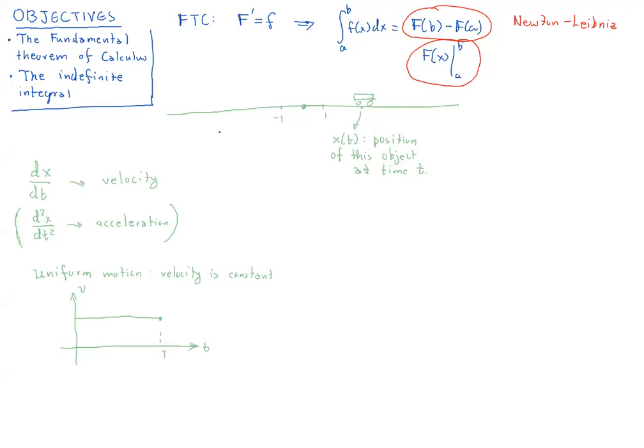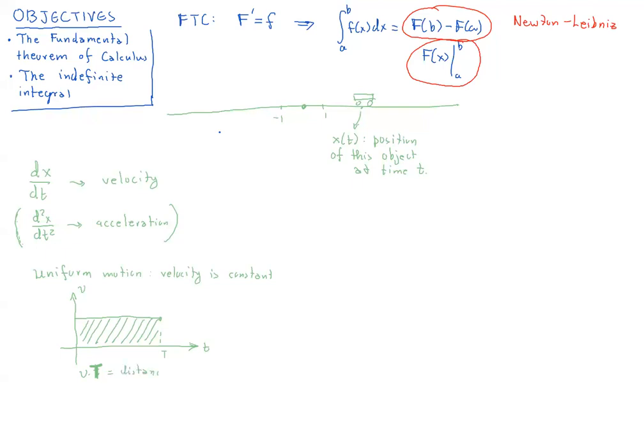And in the case of uniform motion, the area of the rectangle that corresponds to a given motion is just the distance. So the value of the velocity times the time that it took to travel, let's say that it's uppercase T, that will be the distance.